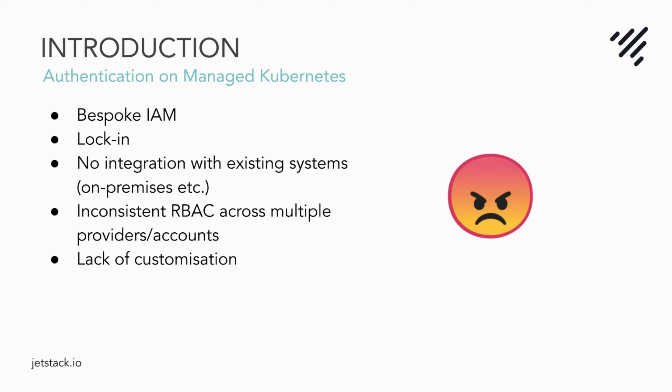You have inconsistent RBAC, which is Kubernetes permissions configuration, due to the fact that the identities are different across the clouds. Obviously this has caused issues with human error and inconsistent permission access across those clouds, not having parity there. And then of course there's a lack of customization with these managed Kubernetes services.